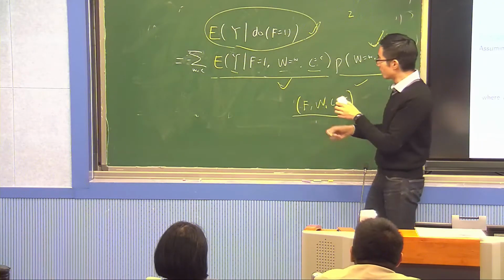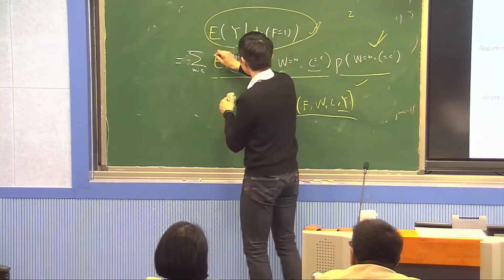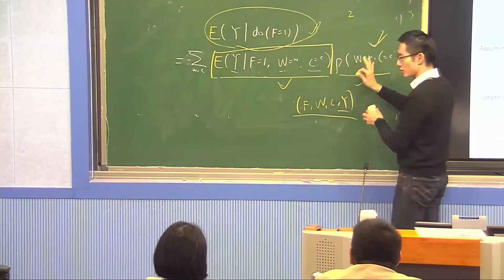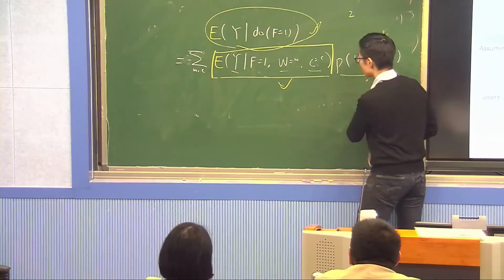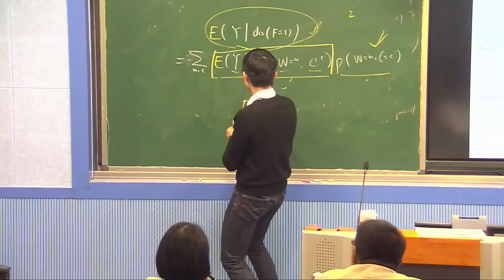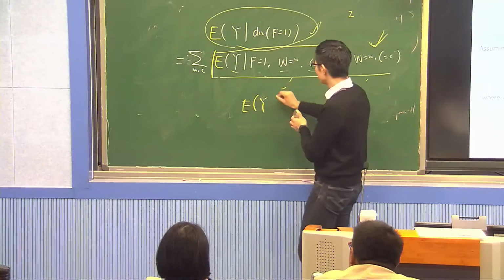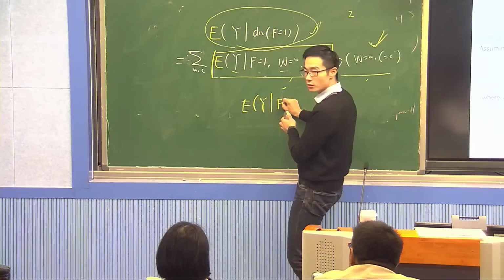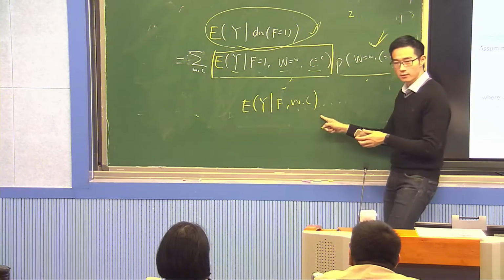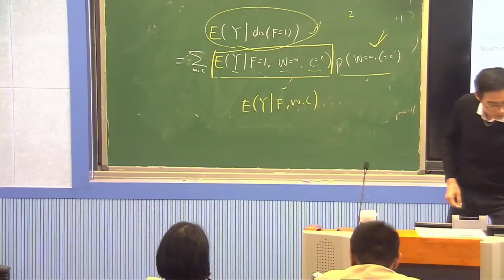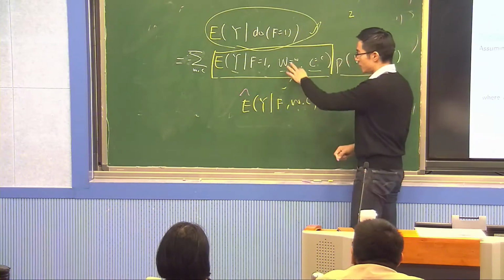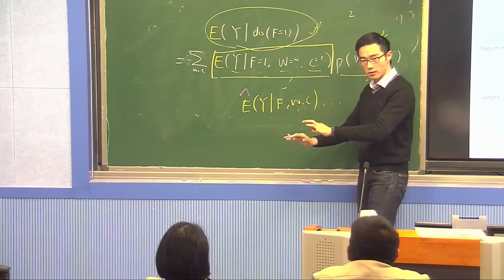Well, in order to estimate it, I have to estimate this. This is the most important. This is less important. So let's talk about this one because I have to estimate this thing. What is this thing? This is E Y conditional on F, W, C. In order to estimate it, I need to find an estimate, because the expectation is the underlying population function.